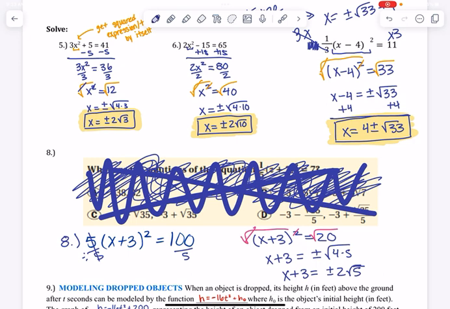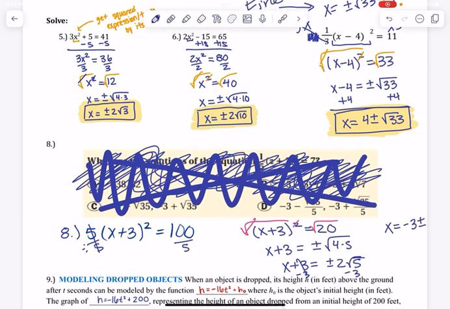But same thing, we haven't solved for x yet. We've still got that x plus 3 over there. So one last step is subtracting 3 over. So x will equal, again, you can write it as positive and negative 2 root 5 minus 3. But as a rule, we really usually write it in the front. So it's that constant and then the square root part. So negative 3 plus or minus 2 square root 5.